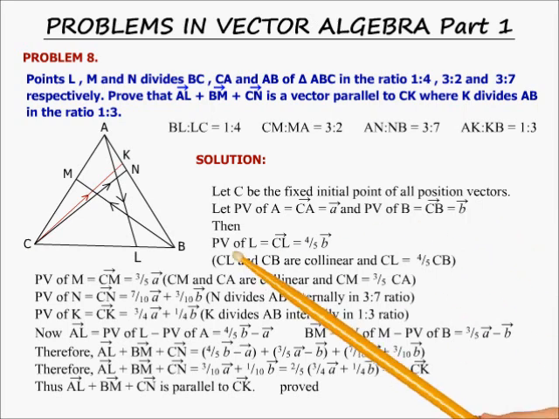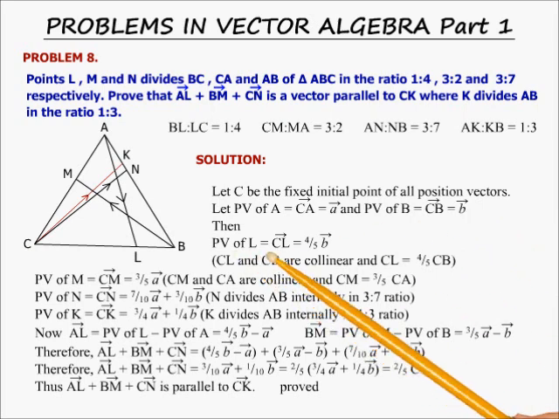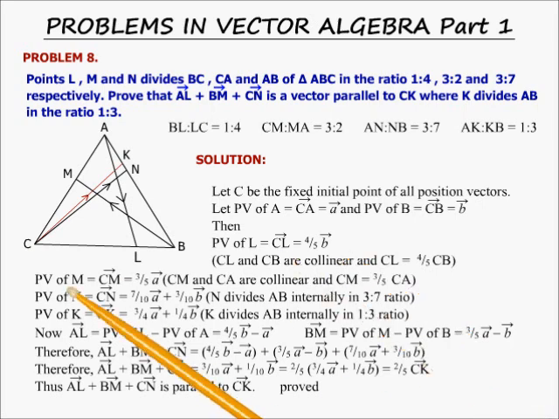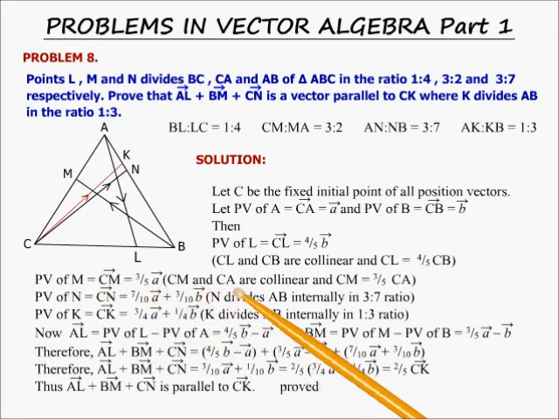Then the position vector of L, that is CL, which is collinear with CB, is equal to 4 by 5 B, right? Now the position vector of M, that is vector CM, is 3 by 5 A, because CM and CA are collinear.